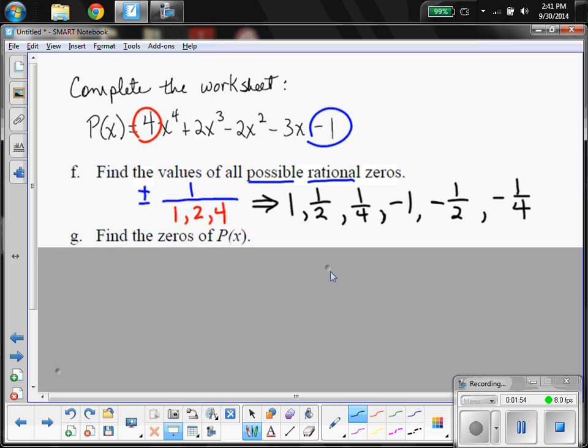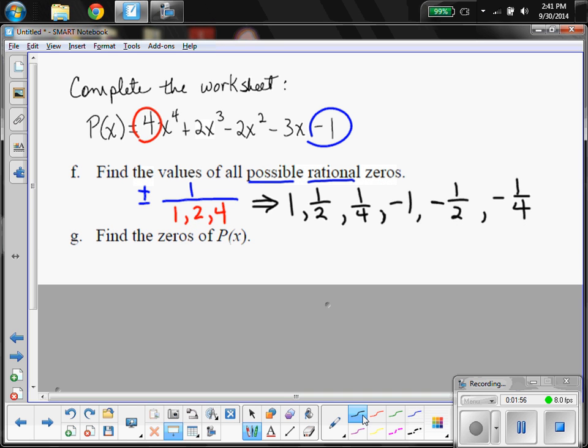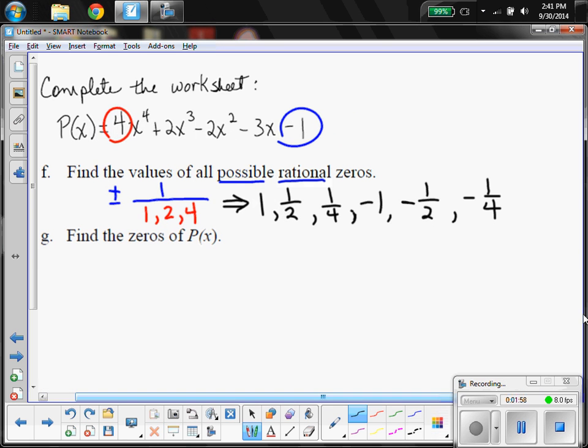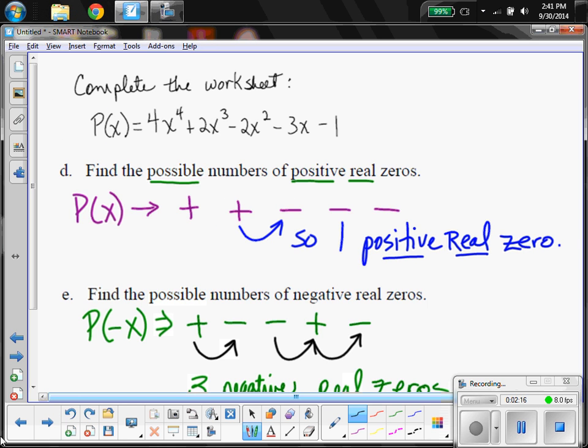So let's get down to business here with part G and actually try to find the zeros. Now I know from the first part of this problem that I've got to have 4 zeros. So by the time I'm done with part G, I've got to have 4 values for x that make p of x equal to 0. I also found in part D that I'm going to have one positive real zero.